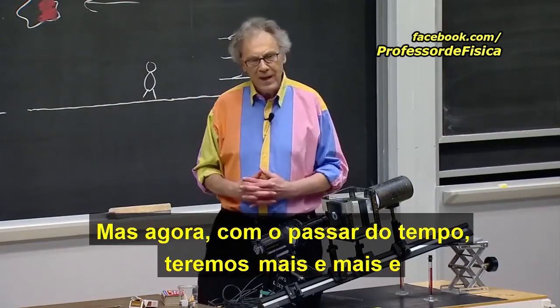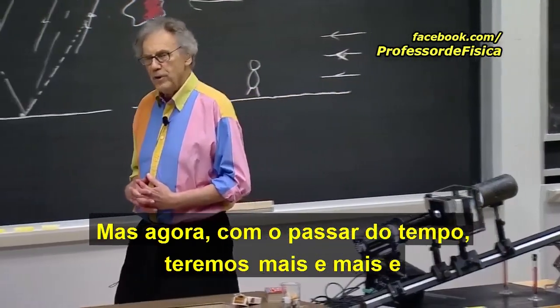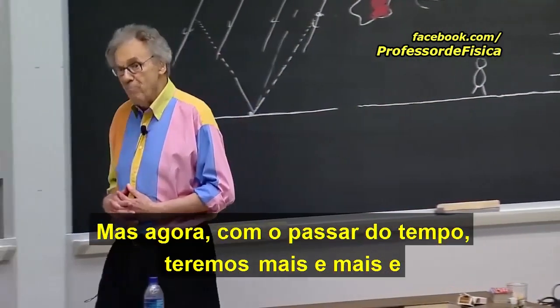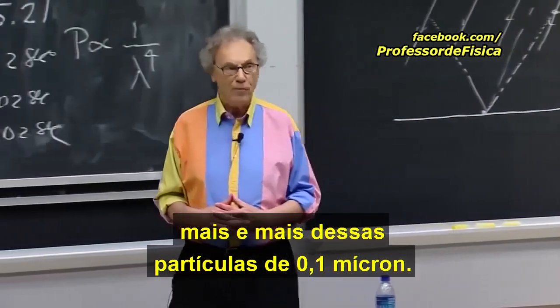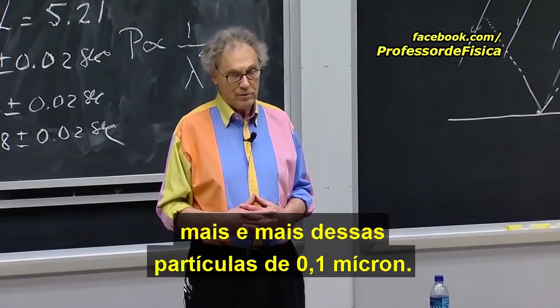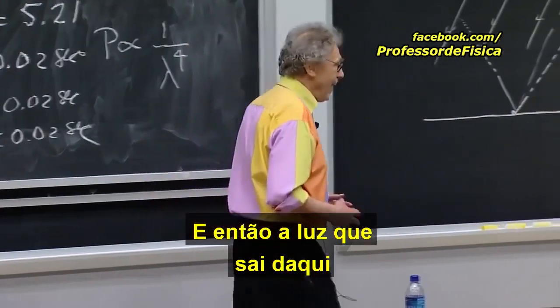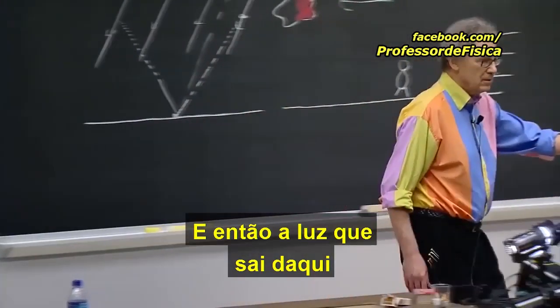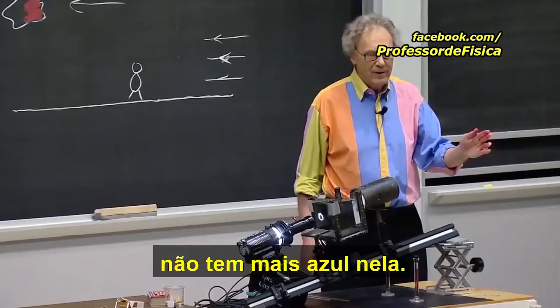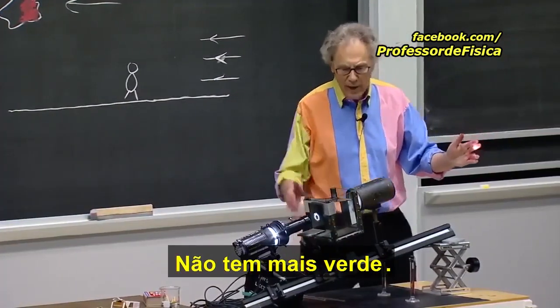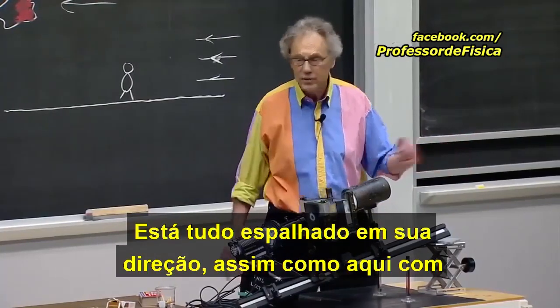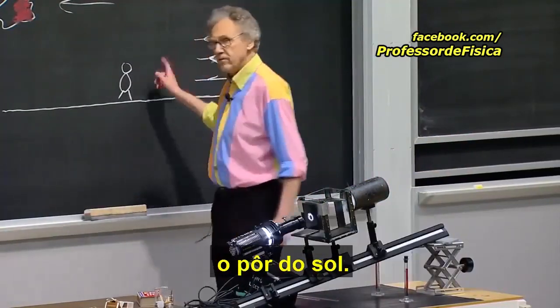But now, as time goes on, we will get more and more of those 0.1 micron particles. And so the light that comes out here has no blue in it anymore. It doesn't have any green in it anymore. It's all scattered in your direction, just like here with the sunset.